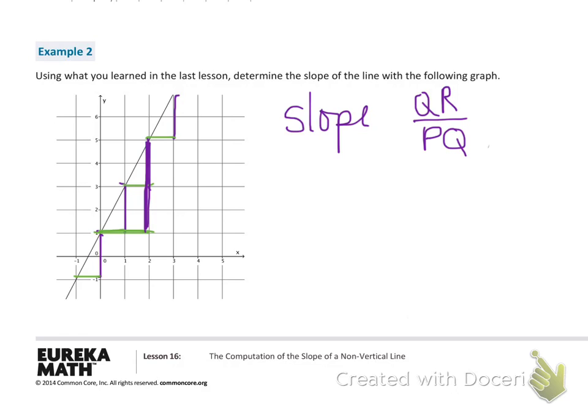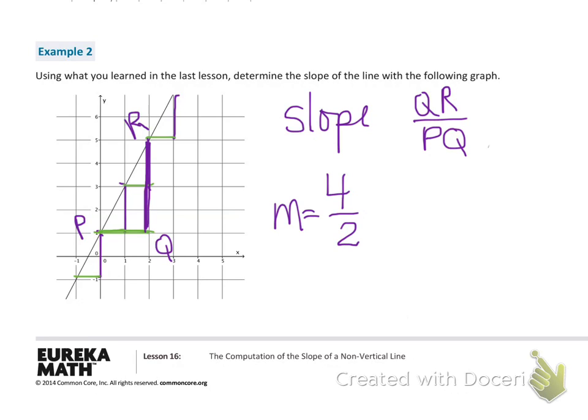And here's our Q, P, and R. So we can see that the slope is the distance QR of 4 over QP or PQ, which is 2.